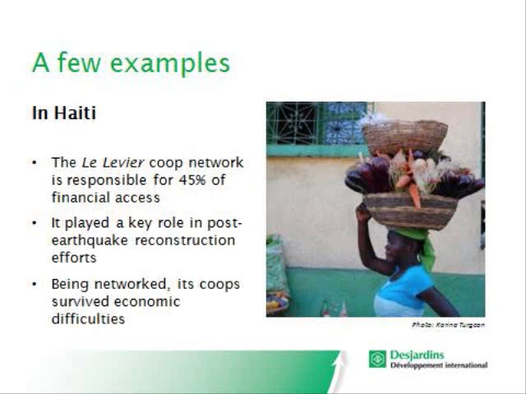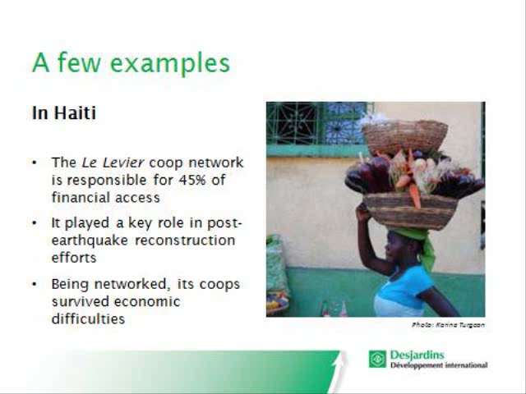And finally, in Haiti, 45% of individuals with access to financial services do business with the Federation of Financial Cooperatives that is called Le Levier. Thanks to its deep roots in the community, this network has played a key role in the reconstruction efforts of Haiti since the earthquake that shook the population in the country in January of 2010.